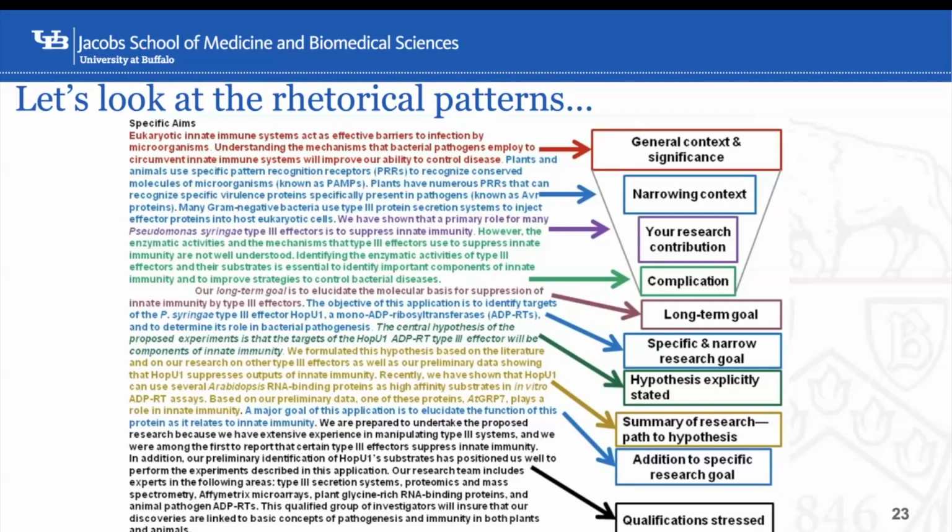One thing that I like about this grant is how the really heavy concepts, like the terminology, for instance, known as PAMPs, and when they talk about a particular gene, like the AVR proteins, are put in parentheses as an aside.